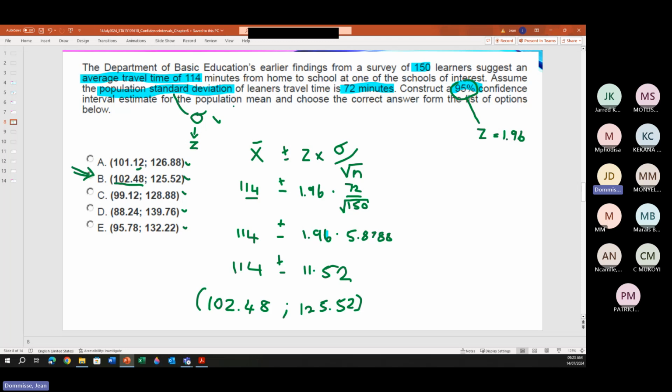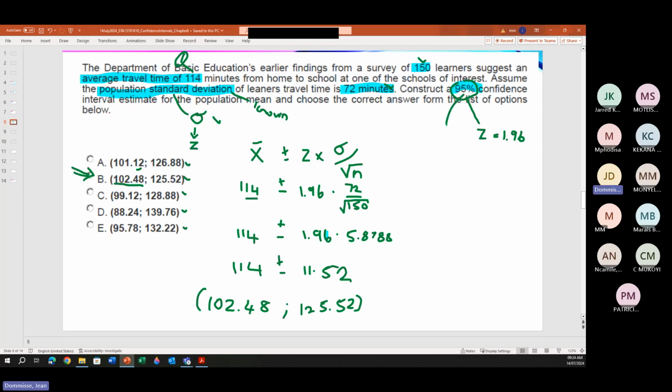Okay, so again, if we go through the steps, we've identified the mean, 114. We have identified that it is a population standard deviation, so that means it is known. We've got the sample size.